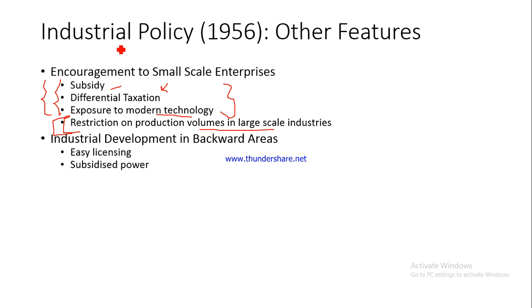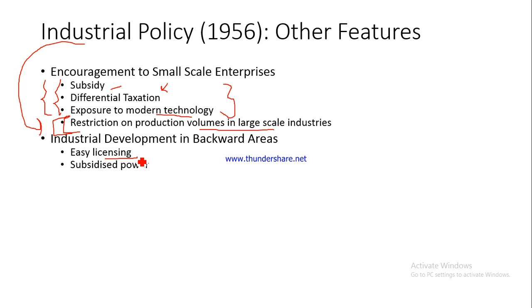However, industrial policy 1956 also talked about industrial development in backward areas. So it was said that if a particular entity wants to set up its unit in a backward area, then the licensing provisions would be easier to comply with. So they would not be as difficult as when some entity is opening up a unit in a developed urban area.